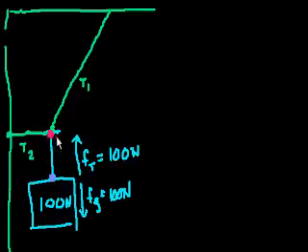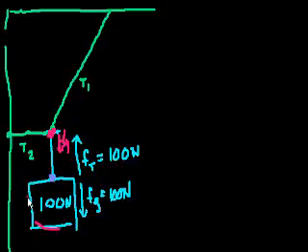Because we already know that at this point there's going to be a downward force, which is the force of gravity again, the weight of this whole thing. We can assume that the wires have no weight for simplicity. So what is going to be the upward force here?